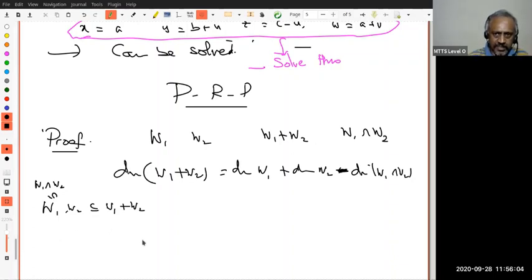The trick in linear algebra is to start with the smallest subspace and fix a basis for that, and then extend to a basis of the bigger spaces. You understood? Start with the basis of W1 intersection W2, extend to a basis of W1 and extend to a basis of W2. Then do something about W1 plus W2.